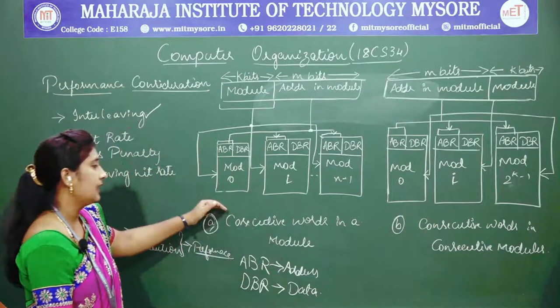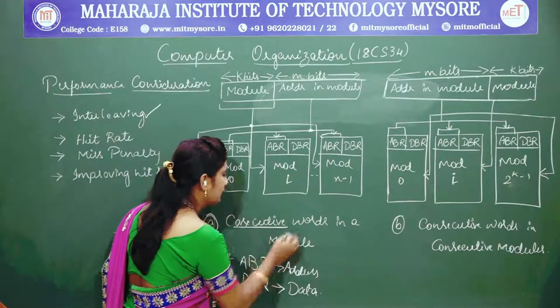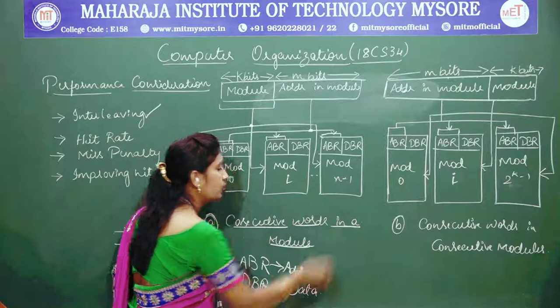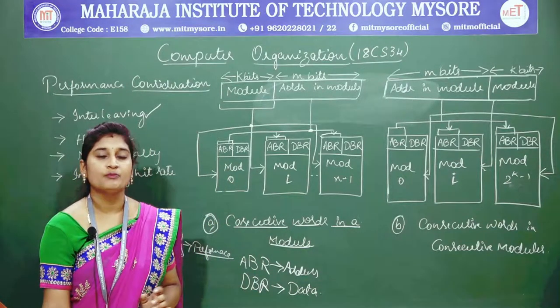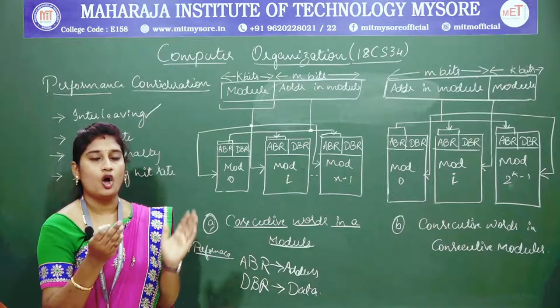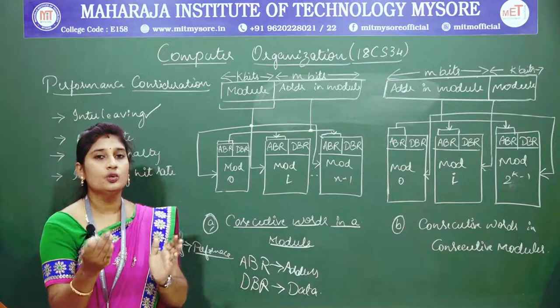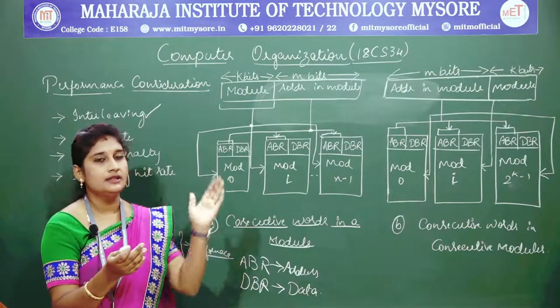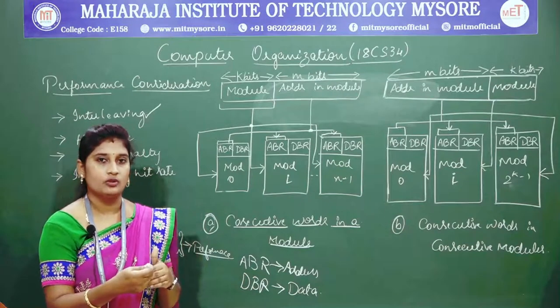Understood? In the first case, if you want to access consecutive words in a module, how will you access the data? In your main memory, if you want to move a block of data to your cache memory, you need to access continuous words of data from the main memory to your cache memory, isn't it?